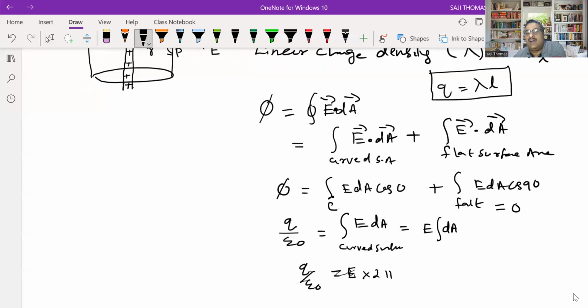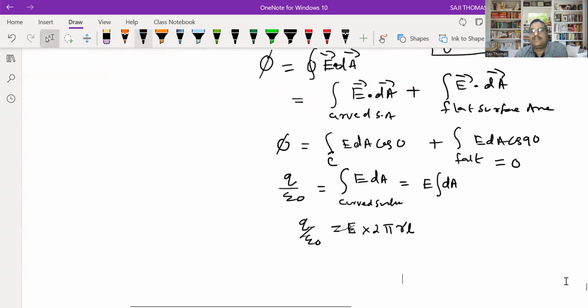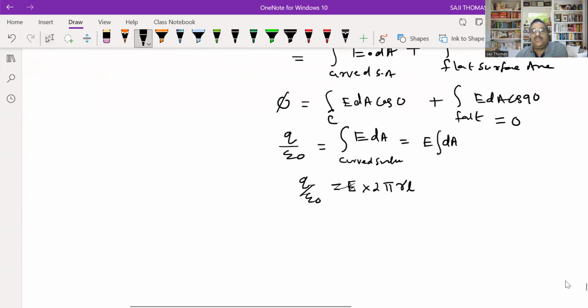Okay, so we can write Q by epsilon 0 equals E into integral dA, which is 2 pi RL. Now you can find the electric field intensity. You rearrange the equation: E is equal to Q by 2 pi RL epsilon 0.